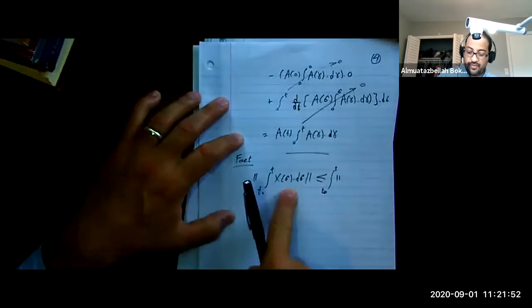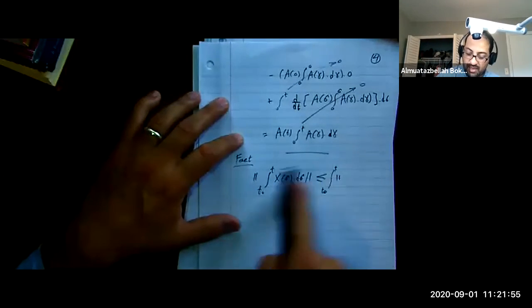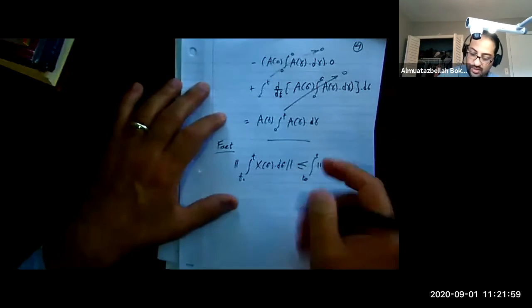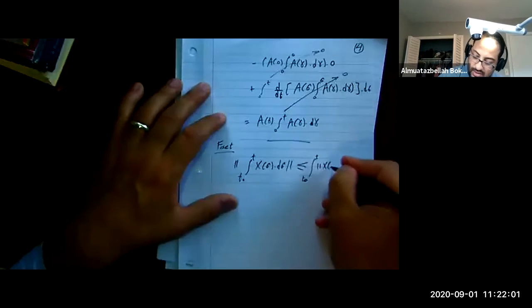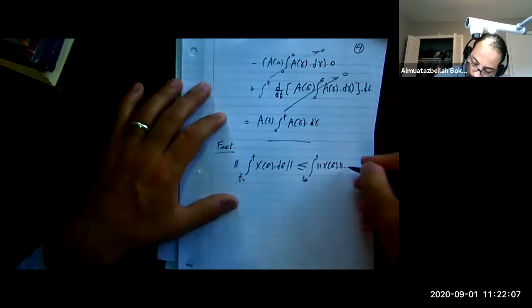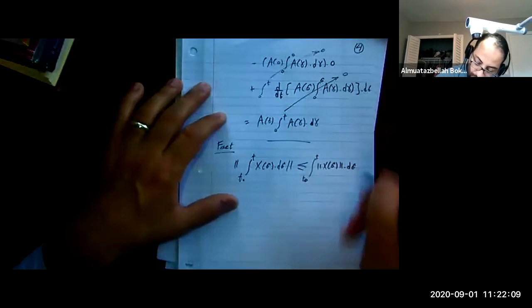So the norm goes inside, but if the norm goes inside, then we'll have less than or equal to the norm of x of sigma with respect to sigma.